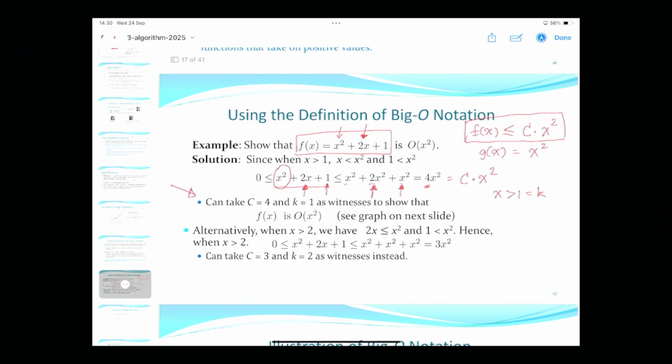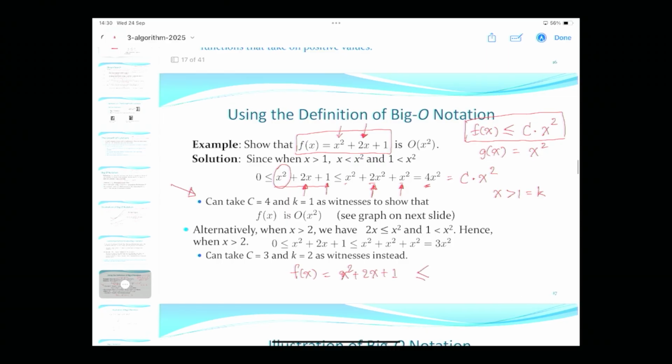That is f(x) equal to 1, right? And then, so keep the largest term, and then the rest we can just make it like this one, less than or equal to x squared. To make it true, 2x less than or equal to x squared, x has got to be greater than 2, right?